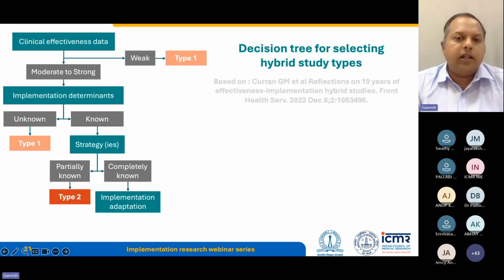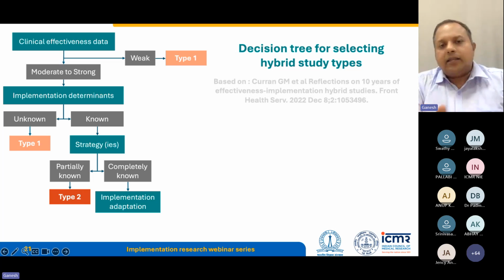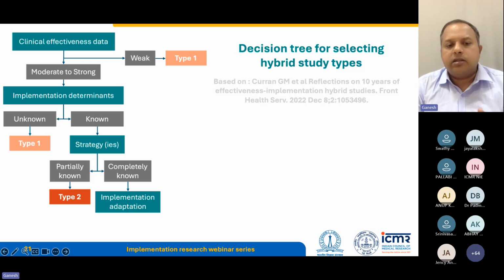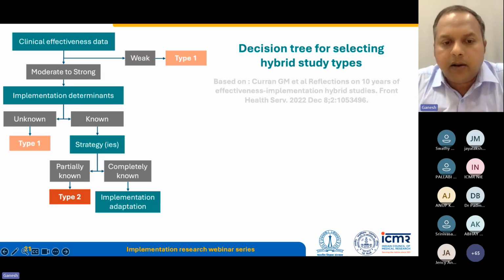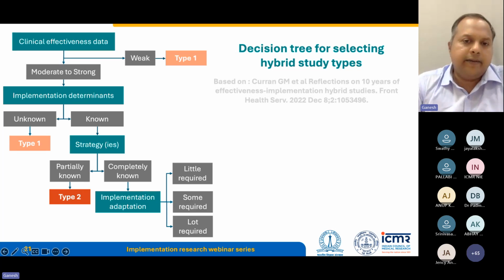If you don't have a community health worker, how can you deliver the drugs? That is called implementation adaptation. You may have some other community healthcare worker, but you don't know how this could be adapted in your setting. Whether it is not known, little known, or a lot remains to be done on that part is what I mean by implementation adaptation.